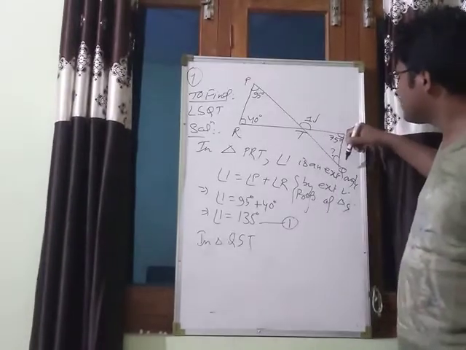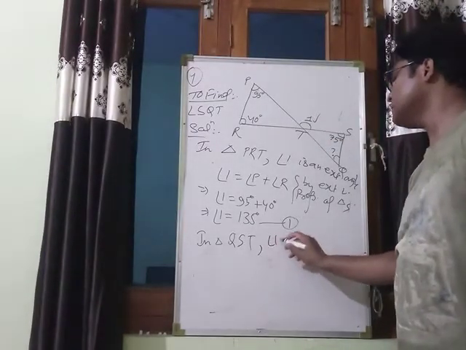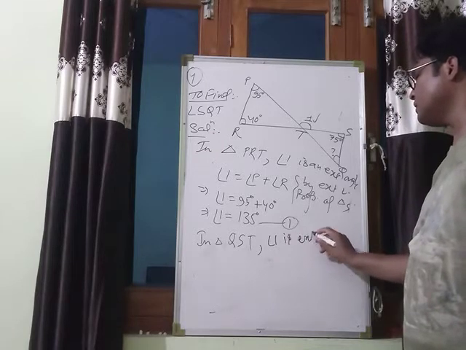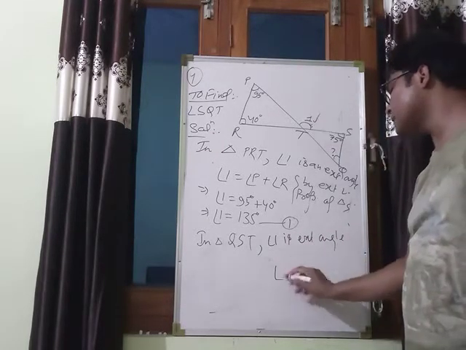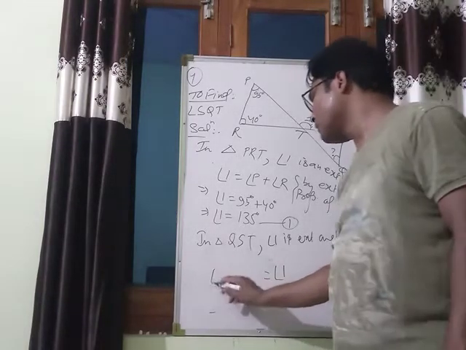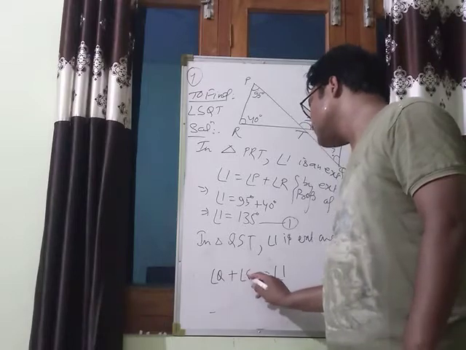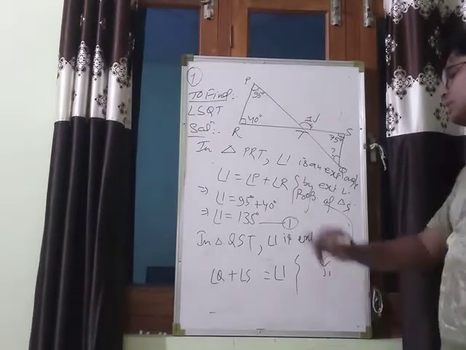Why? Because its side QT is produced, then this angle is formed. Angle 1 is an exterior angle. So again, by the exterior angle property, this angle 1 is equal to angle Q plus angle S, again by the same property.